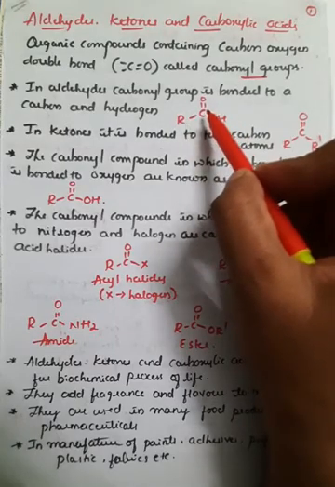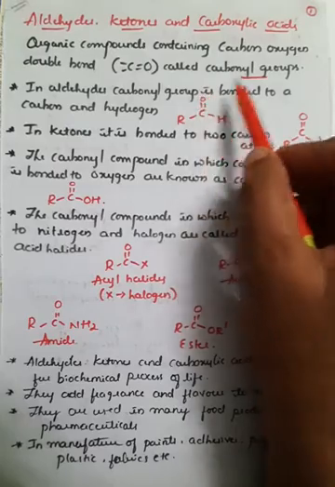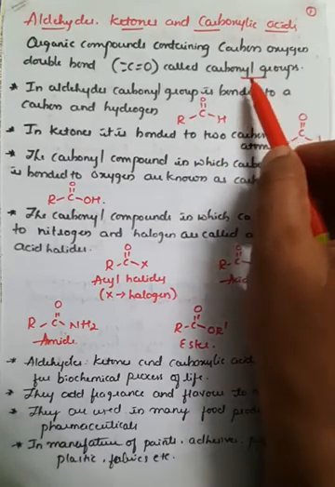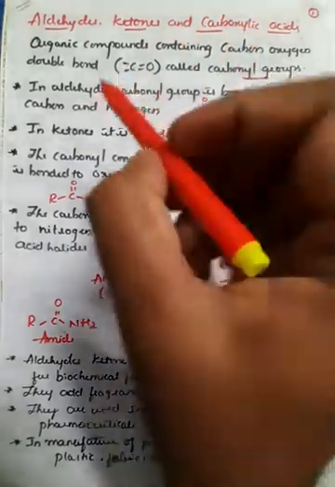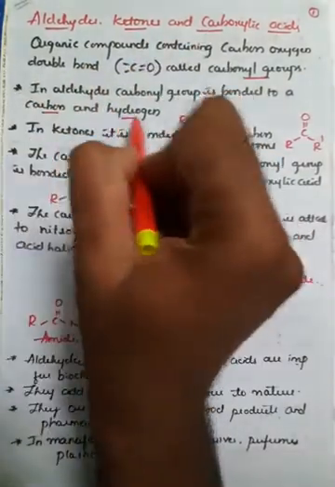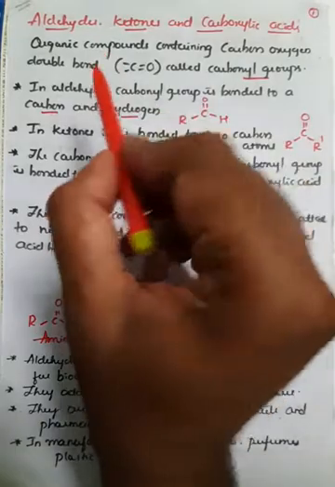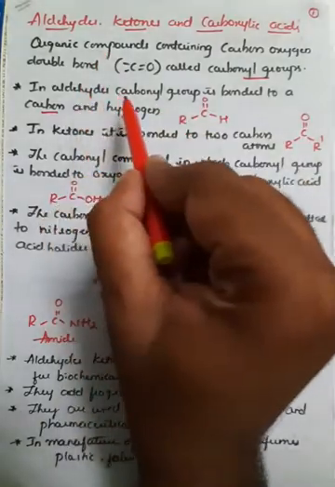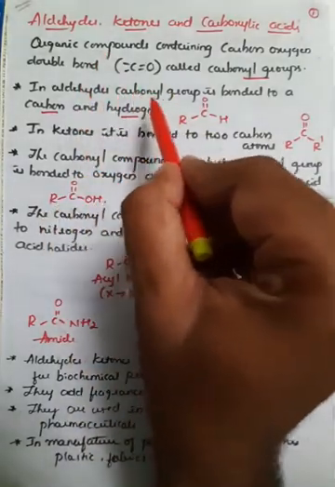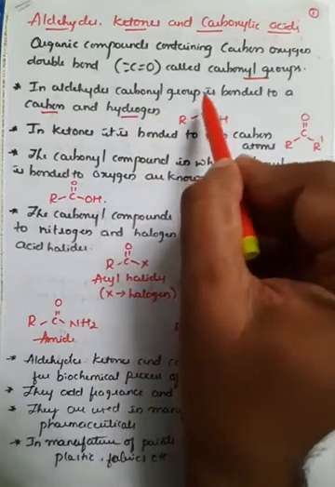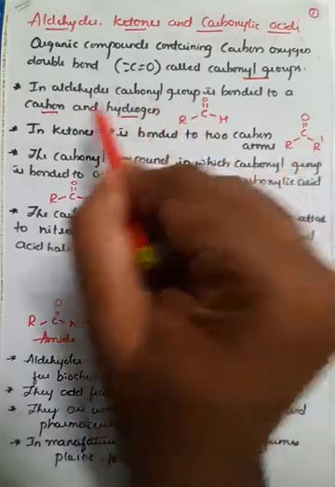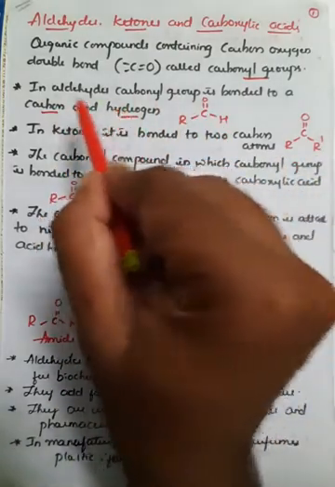The carbon which is double bonded with oxygen, generally we'll call it a carbonyl group. If this carbonyl group is further bonded to carbon and hydrogen, then this molecule is generally termed an aldehyde. Therefore, aldehydes are the class of compounds in which the carbonyl group, the C=O double bonded group, is further bonded with carbon and hydrogen, right?